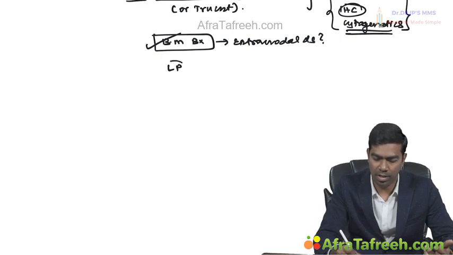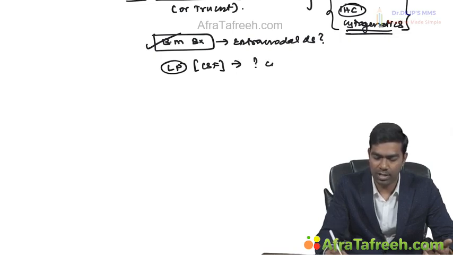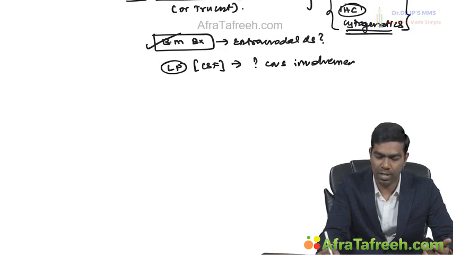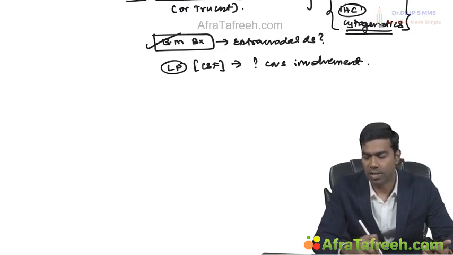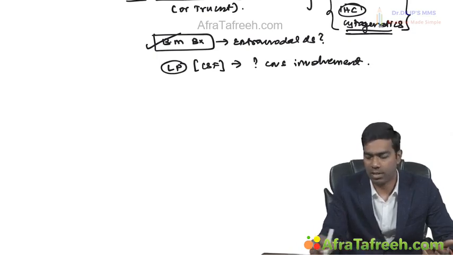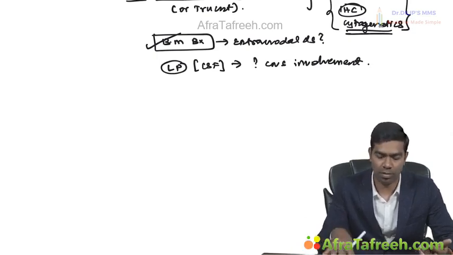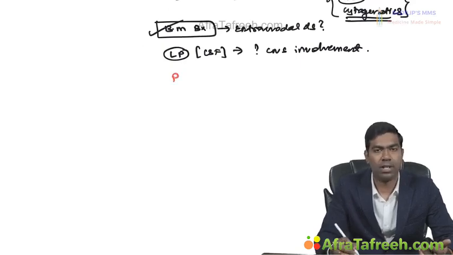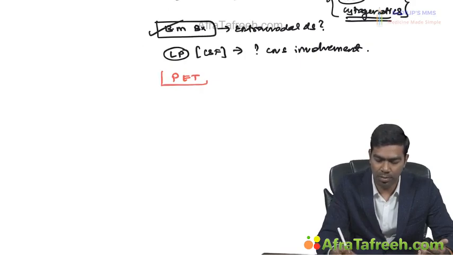Then you can do a lumbar puncture, LP, and you can do a CSF analysis, suppose if there is a suspected CNS involvement. Then finally, you have a very important current modality. We do something called PET-CT.